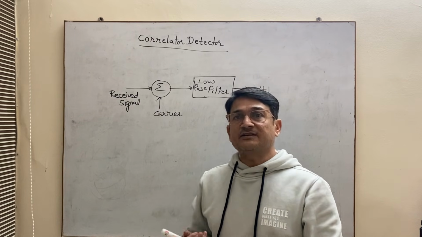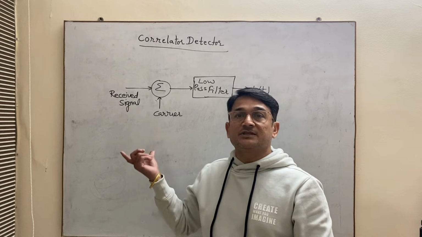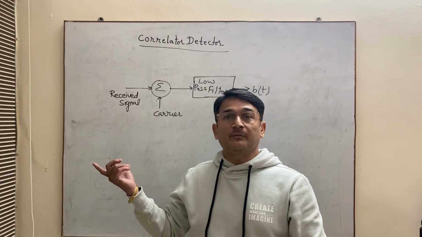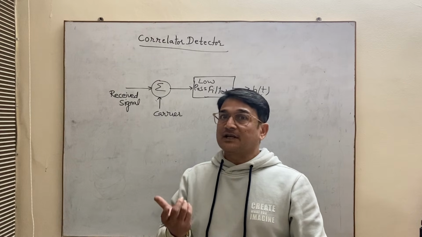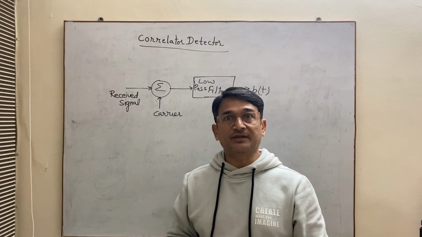These are all techniques in which we use the carrier signal at the receiving end. So this is how correlator detector works. Basically this is also an optimum filter which is used for the detection of signal as well as to maximize the signal to noise ratio.